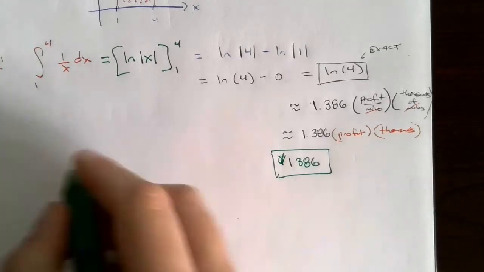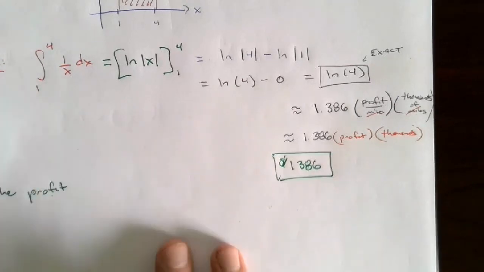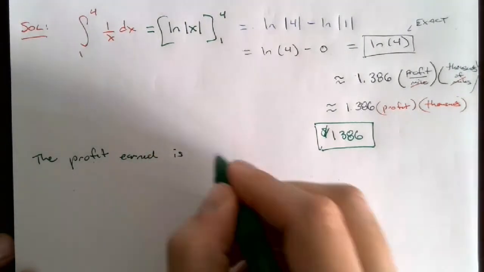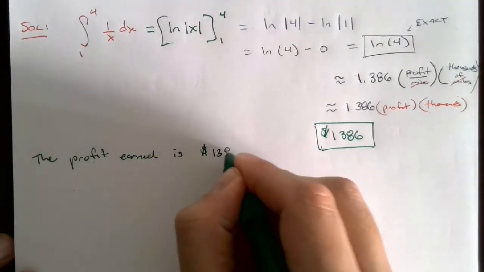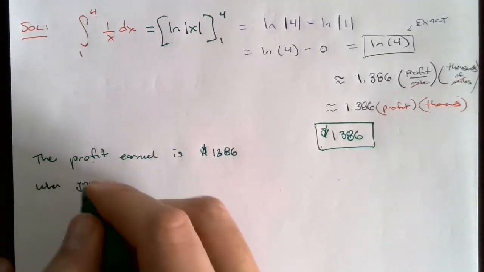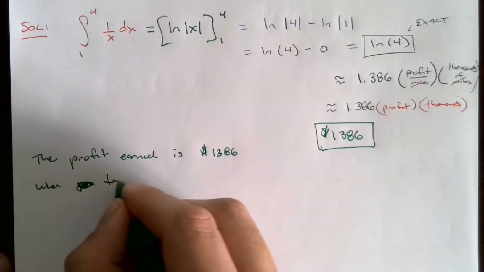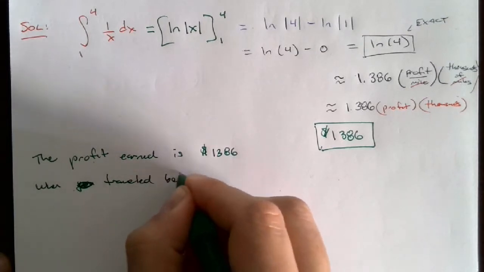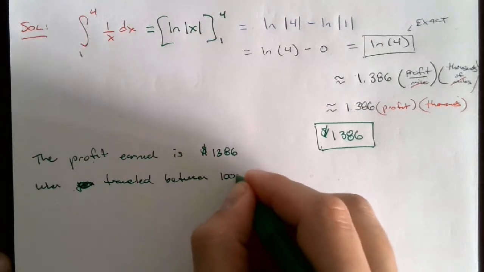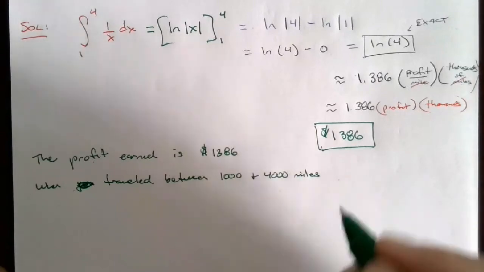So this says the profit earned is $1,386 when traveled between 1,000 and 4,000 miles.